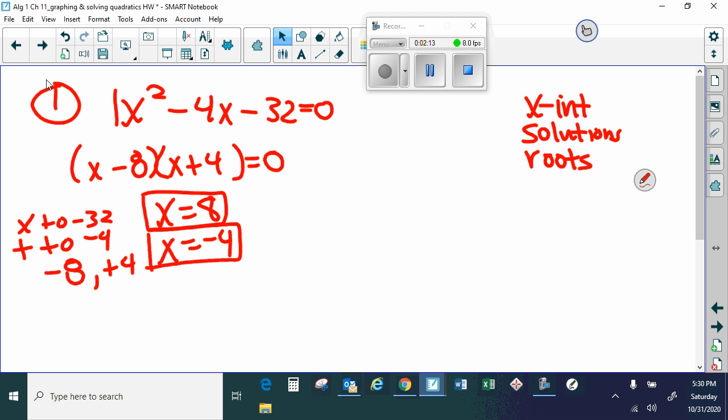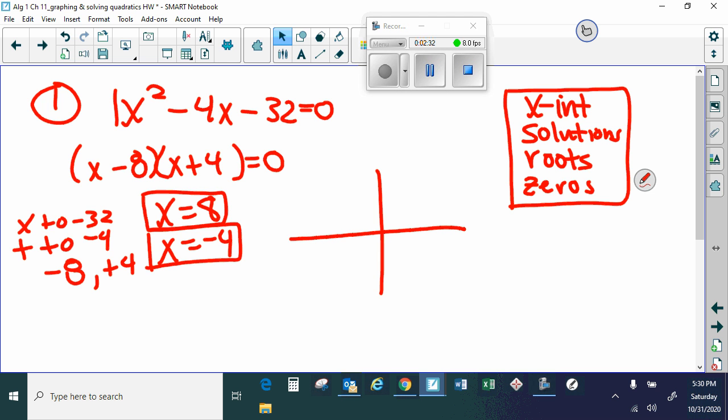X-intercepts, roots, solutions, zeros. Okay, these all mean the same thing. You need to memorize all 4 terms. What it means, obviously, is the x-intercept, where it crosses the x-axis. It crosses the x-axis at 8 and negative 4. So if I was to plot it, 8, 1, 2, 3, 4, 5, 6, 7, 8, and negative 4.